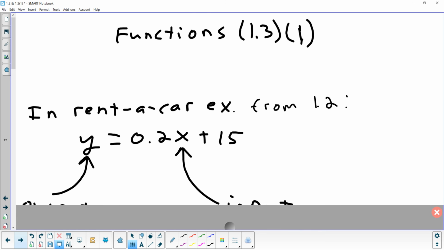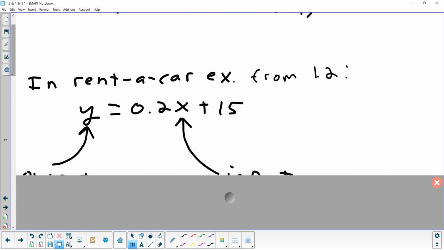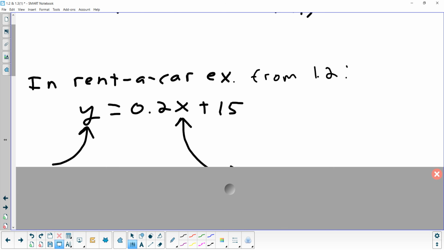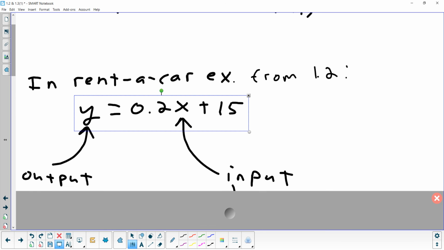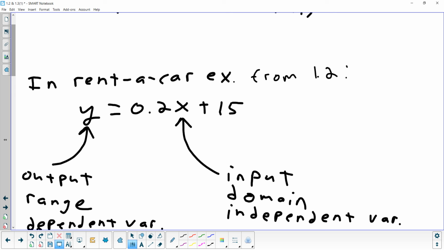So, going back to the rent-a-car problem we had, this equation, y equals 0.2x plus 15. I have an x variable and a y variable. There are different names for those variables. You can call the x the input, and you can call the y the output.